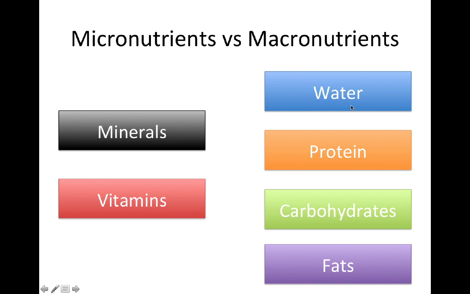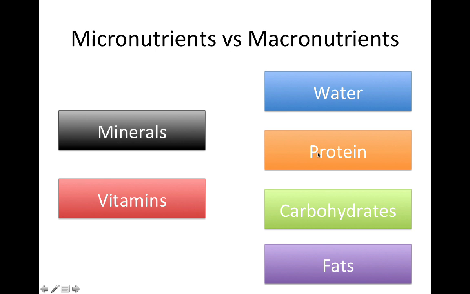Water, by far, is the most necessary of all the nutrients. Necessary meaning that you need the most of it on a day-to-day basis compared to everything else. All of these are actually necessary to function, so it's most important that you keep water replenished in large amounts, and that's why you need to drink so much water or consume water in foods on a day-to-day basis.